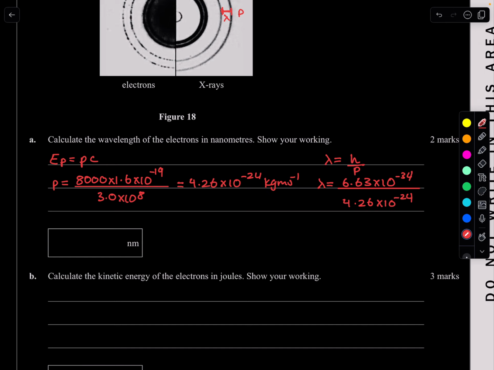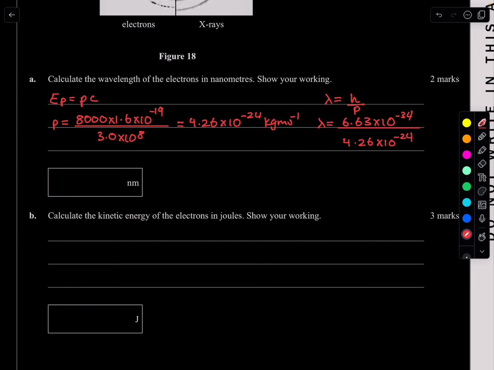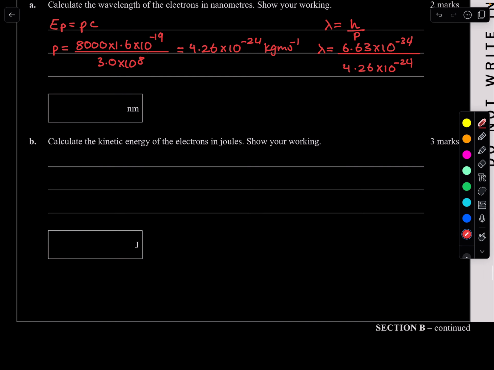Make sure it's in nanometers, so I'm going to multiply by 10 to the power of 9.